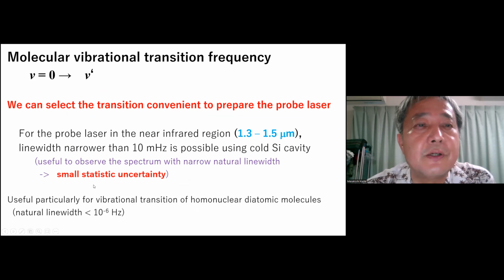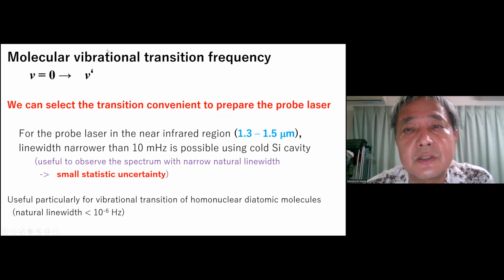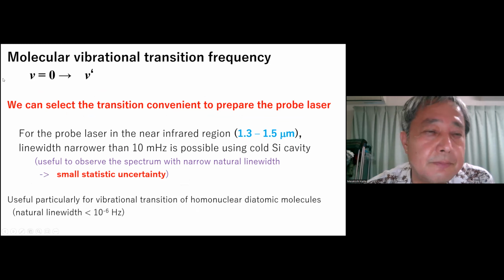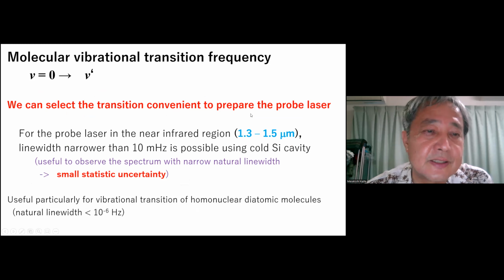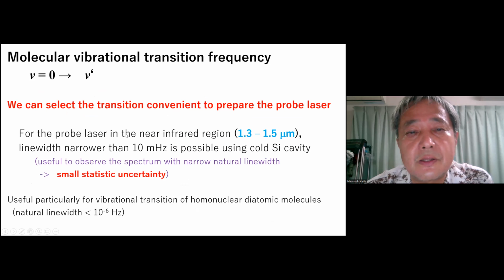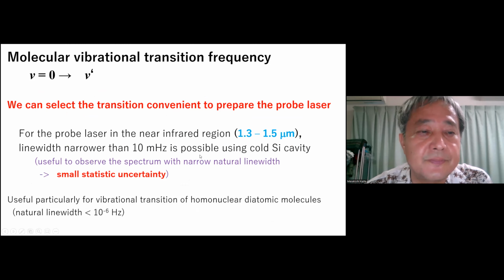So which vibrational transition should be measured? We can select a transition which is convenient for preparing probe lasers. But I must say, particularly for the near infrared region, a line width narrower than 10 millihertz has been attained using a cold silicon cavity.